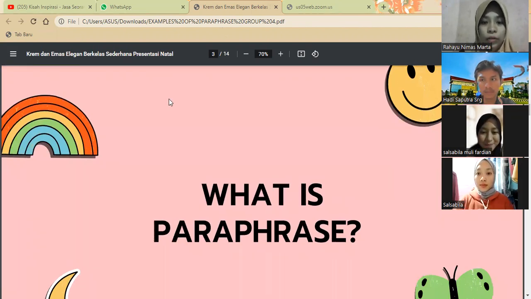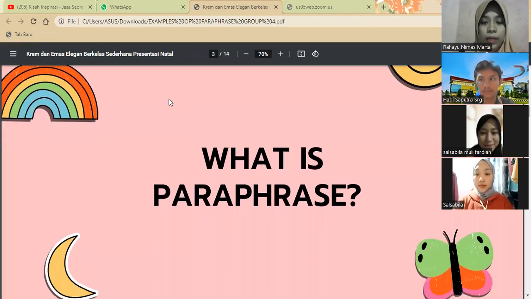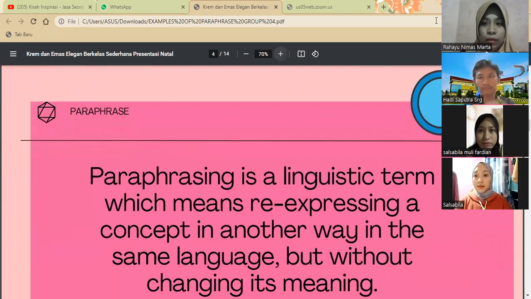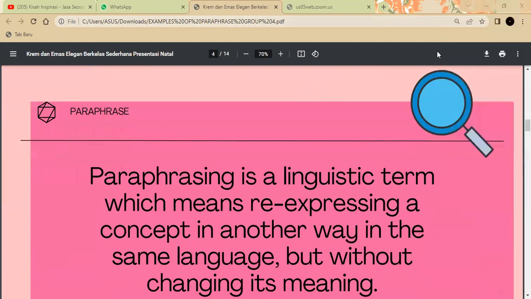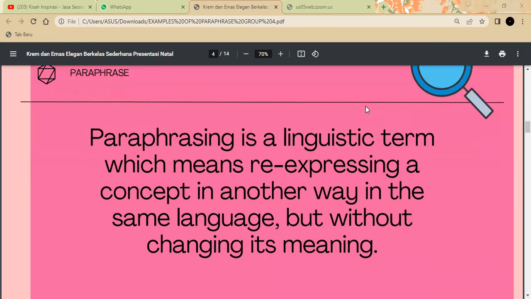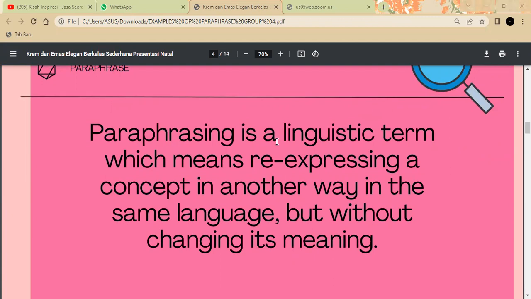Thank you, moderator. I would like to explain what paraphrase is. Paraphrasing is a linguistic term which means re-expressing a concept in another way in the same language, but without changing the meaning.